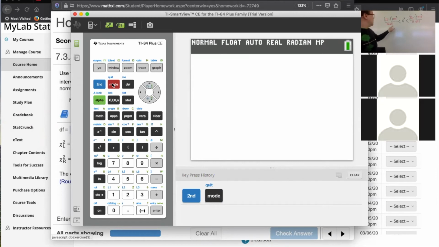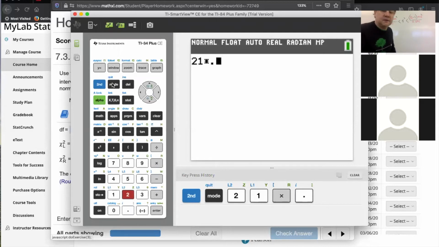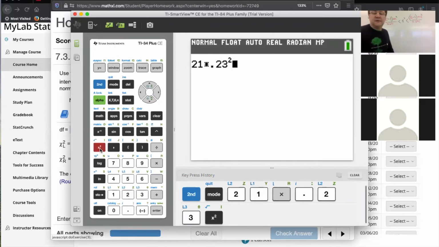I know I can do 22 minus 1 in my head, so I'm just going to type in 21 times 0.23 squared, and then I'm going to divide that by 32.671.